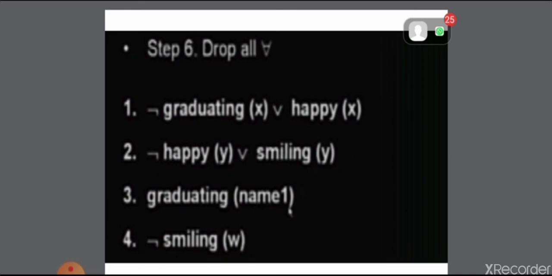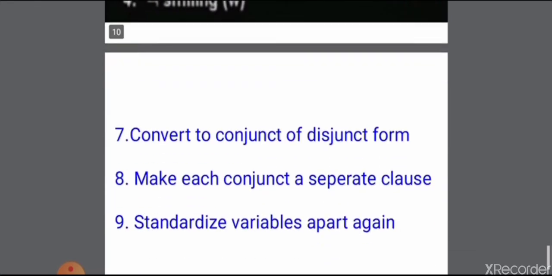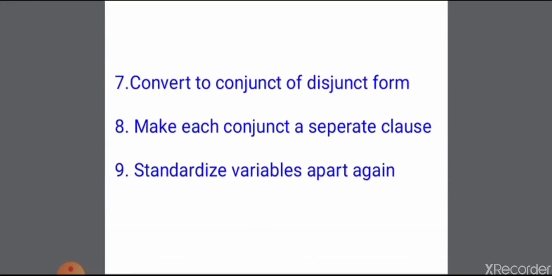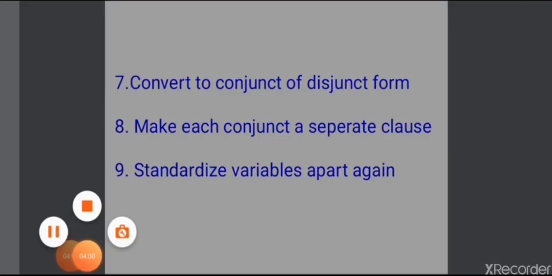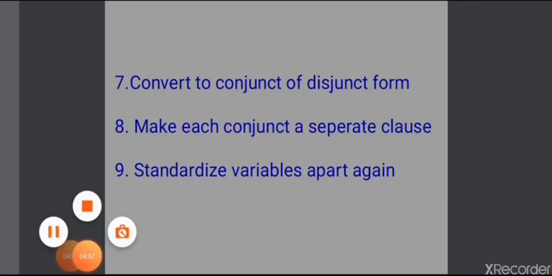These are the 9 steps followed in the conversion of first order logic, or predicate logic, to the conjunctive normal form or the clausal normal form. This is all about how we can conduct this conversion. Hope you got this. Thank you.